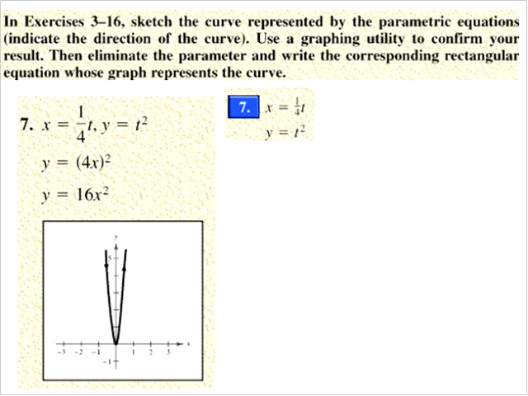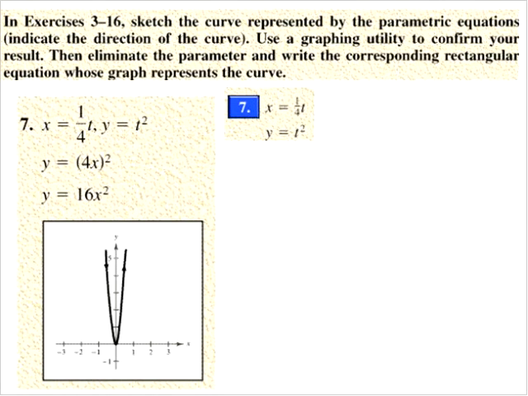You can use your graphing calculator to indicate which direction we should graph. That's perfectly fine. I'm more going to focus on eliminating the parameter with this mini recording because I'm confident that you can type numbers into your calculator and look at the graph. I'm more interested in can we convert it from parametric to rectangular.